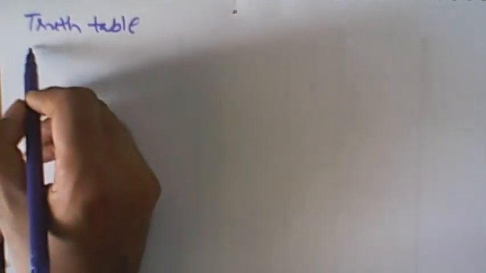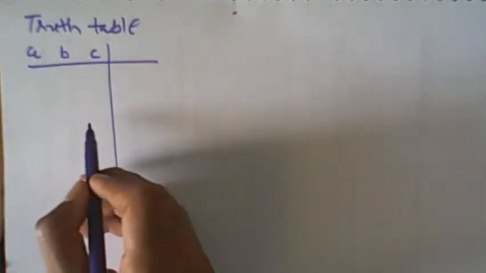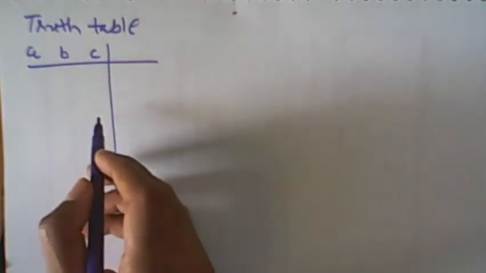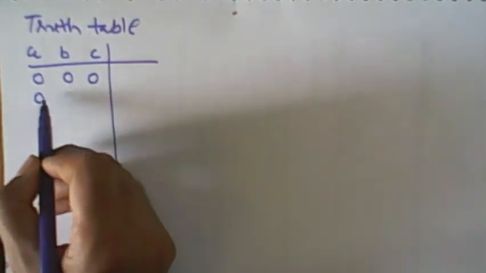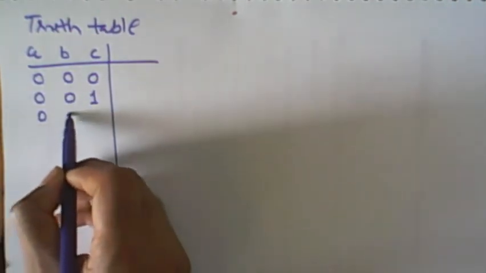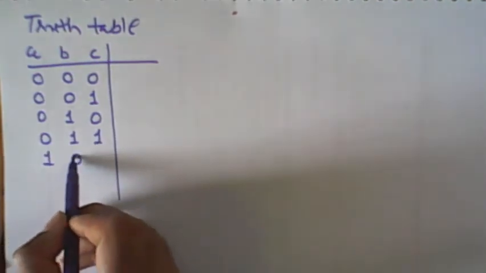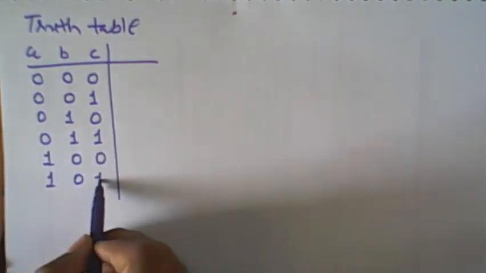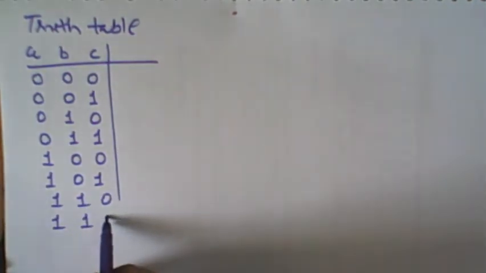We know it has 3 input variables A, B and C, so the total possible combinations are 8 for the 3 variables: 0 0 0, 0 0 1, 0 1 0, 0 1 1, 1 0 0, 1 0 1, 1 1 0 and 1 1 1.